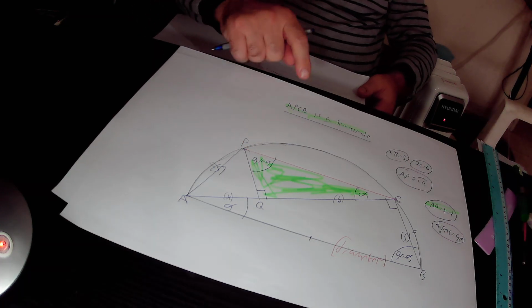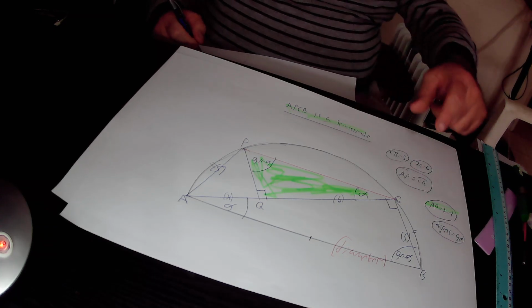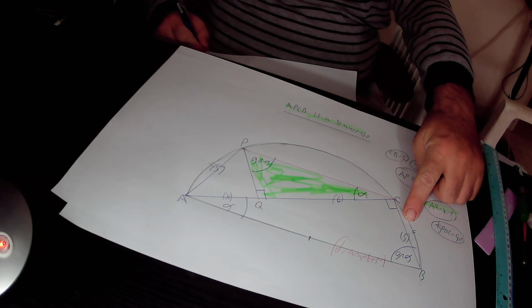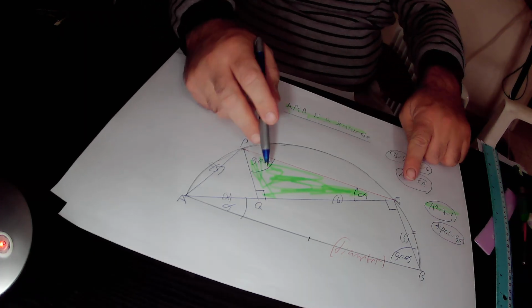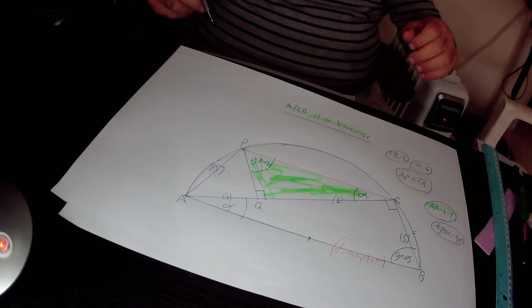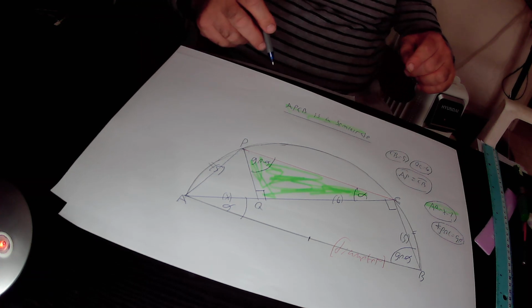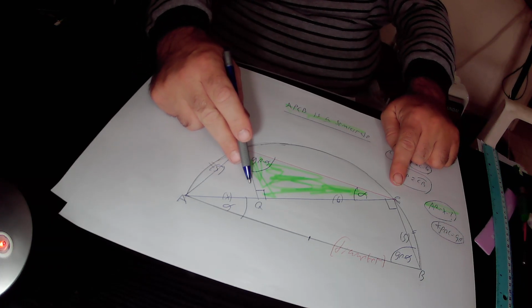PQ is the missing side, so we leave it as it is, over CB. CB equals 5, and QC is 6, according to what is given in the question, over AC. AC in total equals AQ, that is x, plus QC, that is 6.